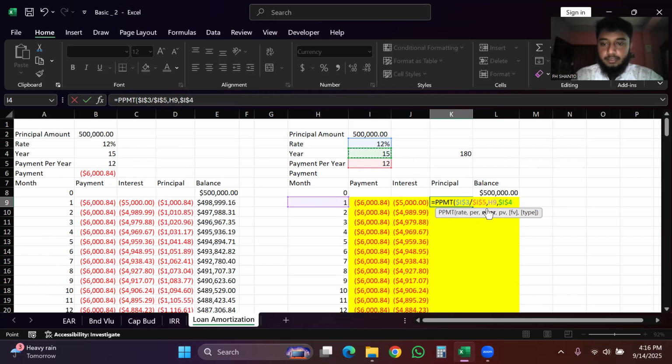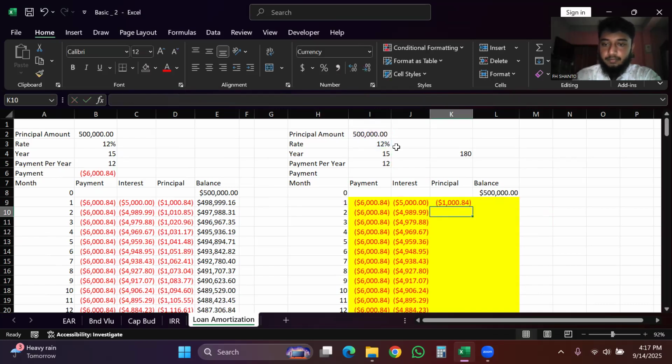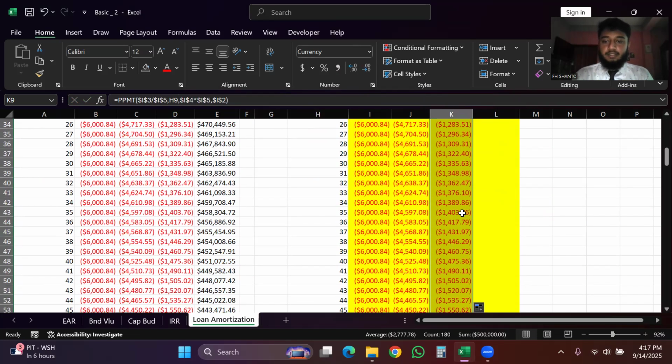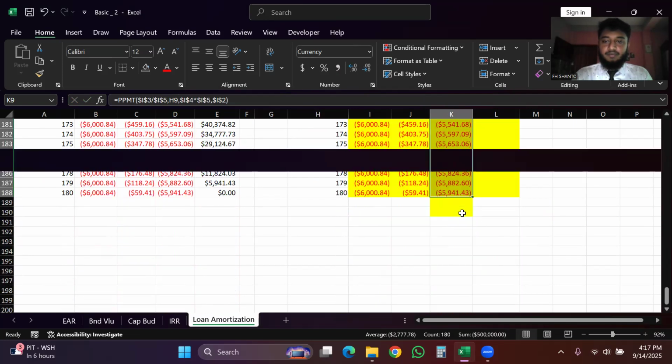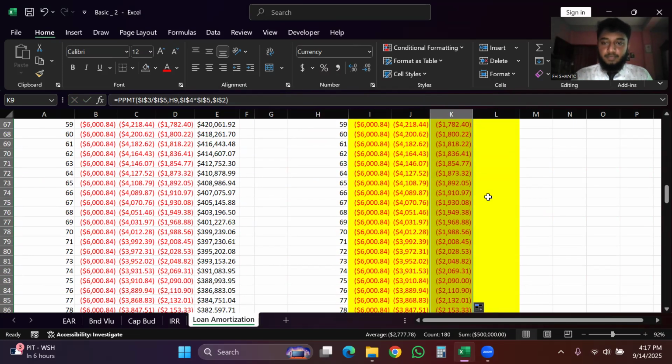Freeze it, and then multiplied by payment per year, and also freeze it, and then present value, that means principal amount. Also have to freeze it, close the bracket, and enter. Here you can see the principal amount. If you double click here, you can see the different values of the principal amount for different months.